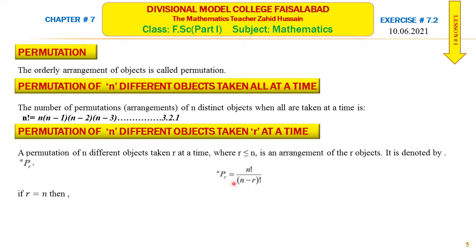If r is equal to n, then nPn is equal to n factorial. So this is the formula. This may be asked in MCQs, and this formula is also asked in MCQs. So we will use these two formulas to find the permutation of n objects when all are taken at a time, and permutation of n different objects when r are taken at a time.